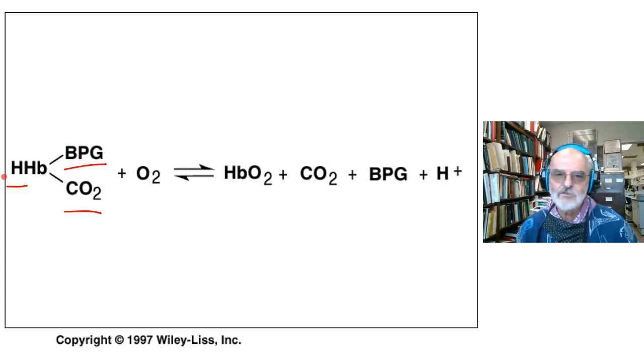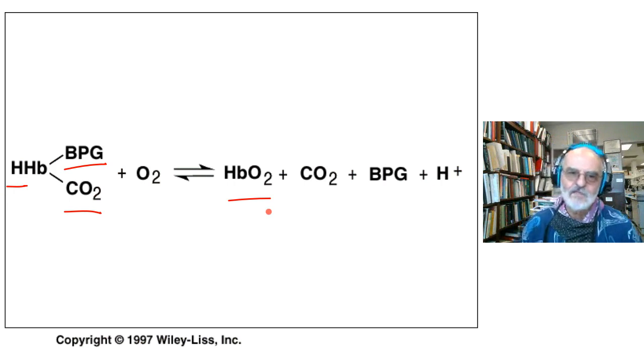This favors the deoxy form. Upon oxygen binding, these all tend to be released, and that favors the oxygenated form. So these are effectors that favor deoxyhemoglobin, and oxygen is an effector that favors oxyhemoglobin. This is all part of the process.